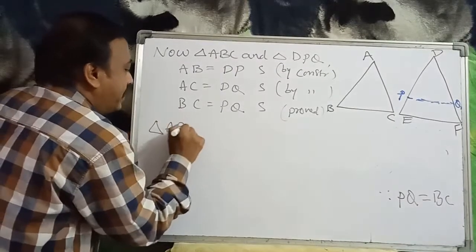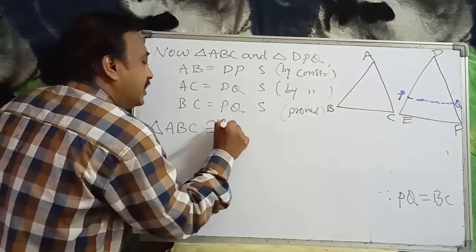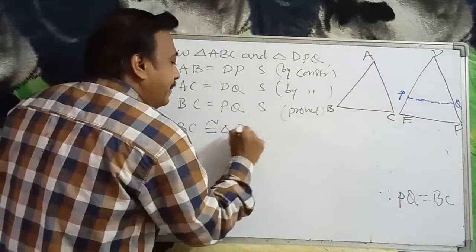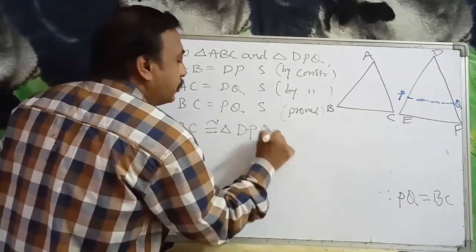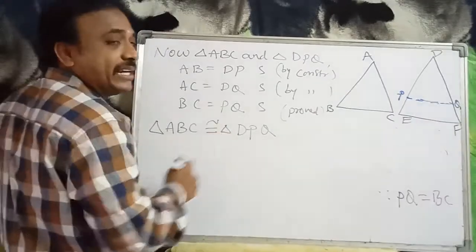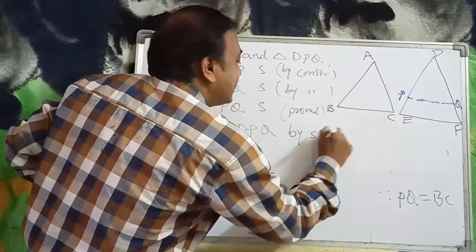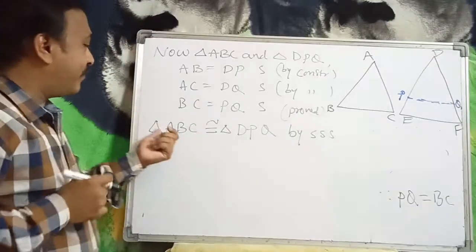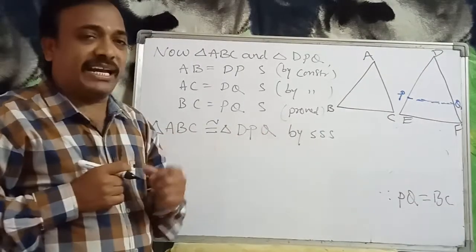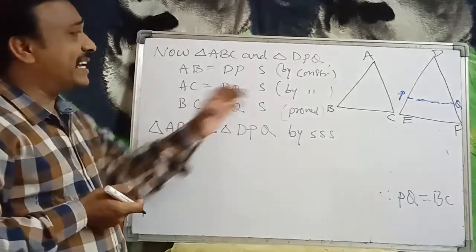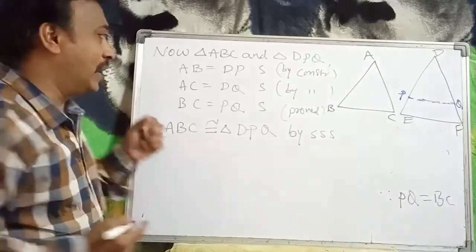Triangle ABC is congruent to triangle DPQ by SSS. If triangle ABC is congruent to triangle DPQ, their corresponding angles are equal.